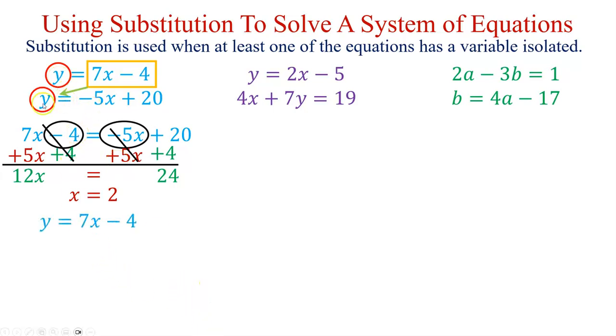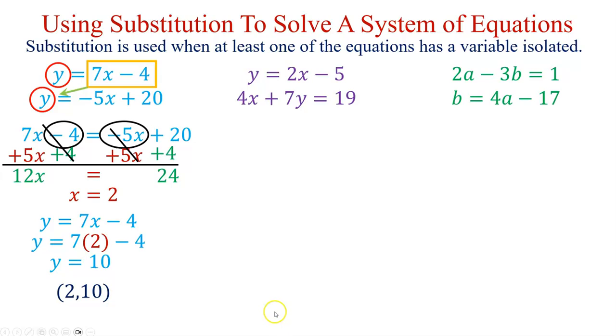So we solved using the second equation, so we'll use the first equation to find the other coordinate. Wherever I see an x, I'll put a 2. So 7 times 2 is 14. 14 minus 4 is 10. So now we have both the x coordinate and the y coordinate. Our solution is (2, 10). Again, this essentially says this is a line, this is another line, and these two lines intersect at the point (2, 10).